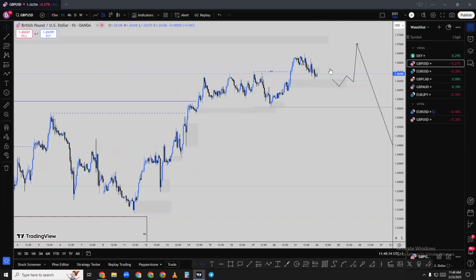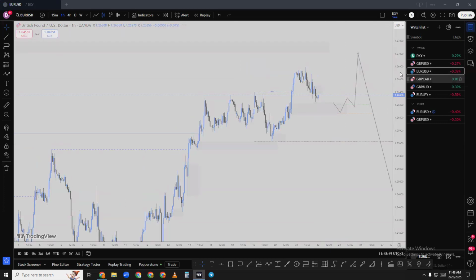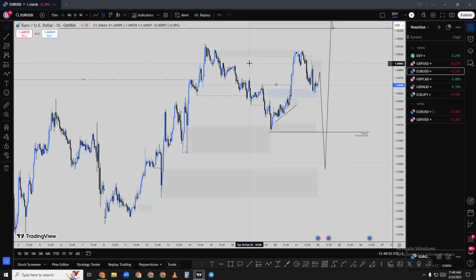GBPUSD, same thing. We are expecting to buy, coming to that supply level, and then sell and then buy, something of the sort. Because these two currencies do move alike.